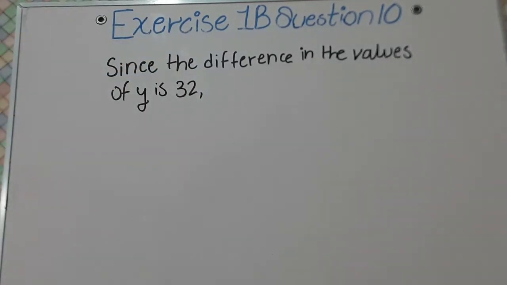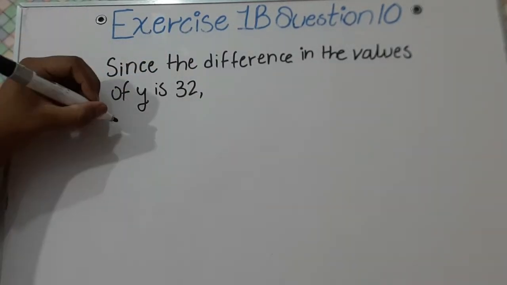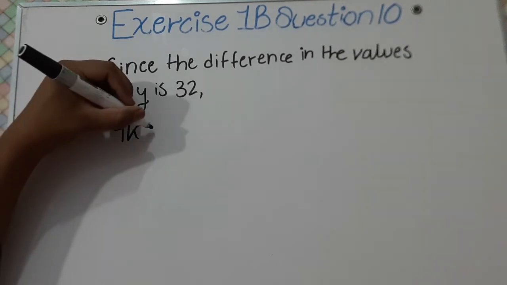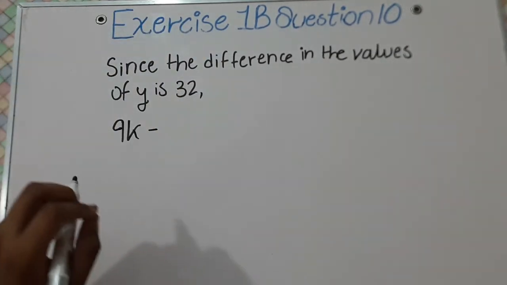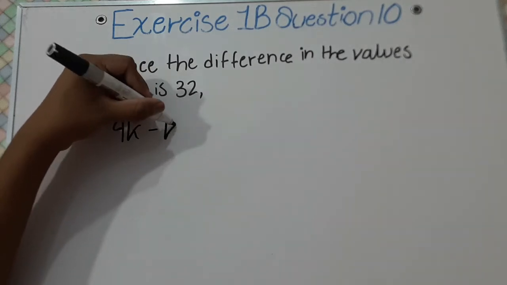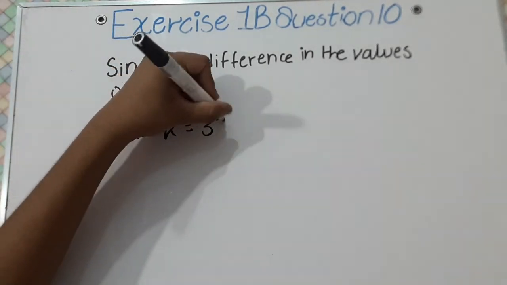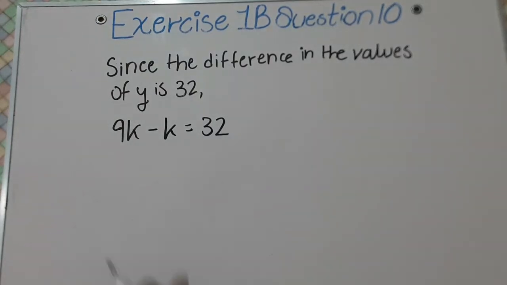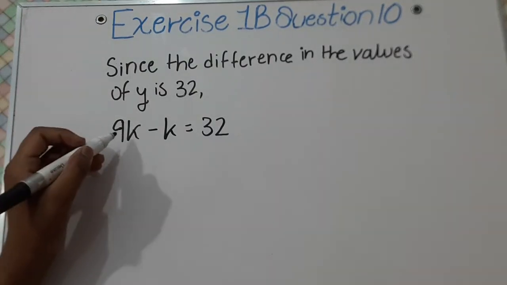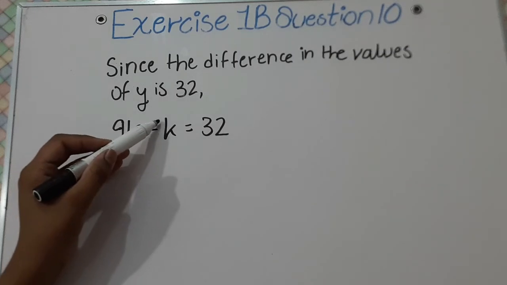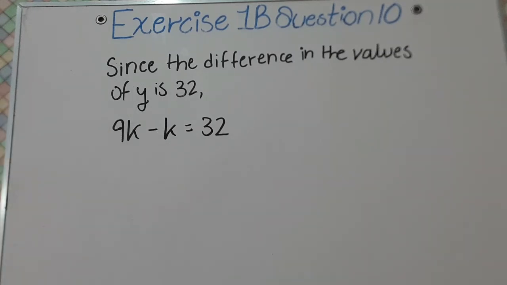in the previous part we landed on two values. 9k was the bigger value, minus, as they have asked us to find the difference, so it will be subtracted with k, equals 32, which is the difference of these two values. Now if we subtract k from 9k, k is considered to be 1 according to the algebraic rule.